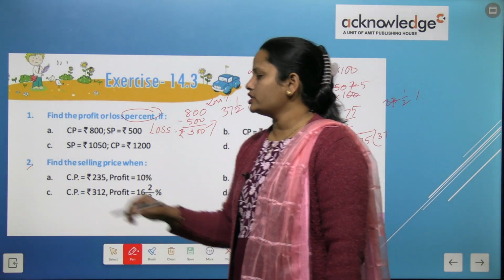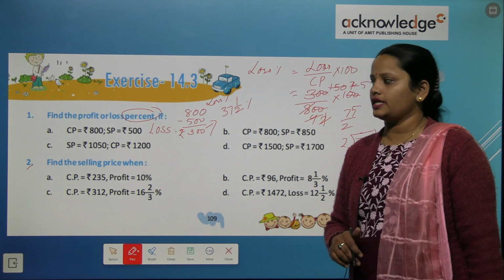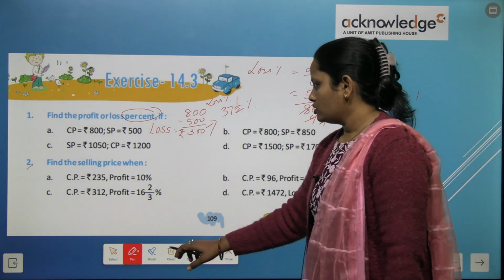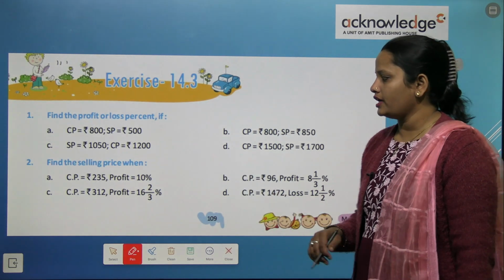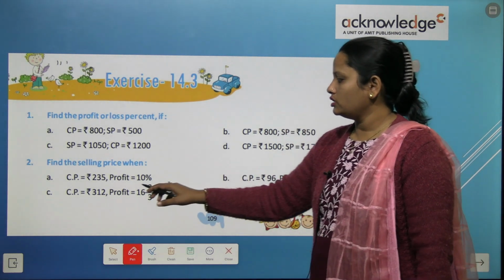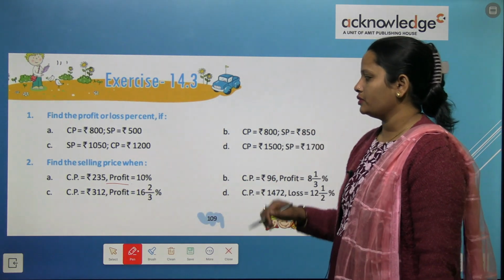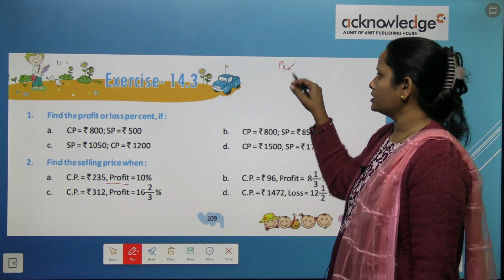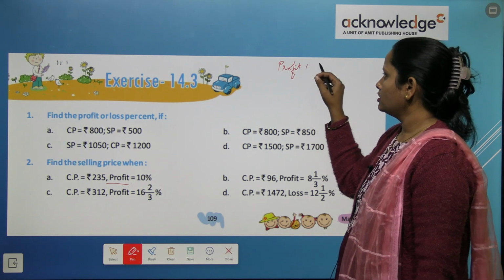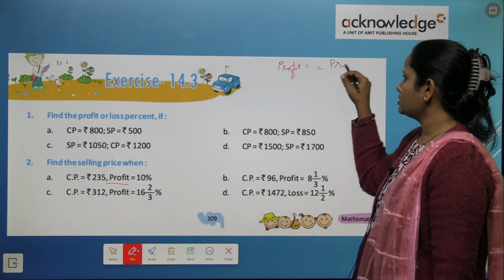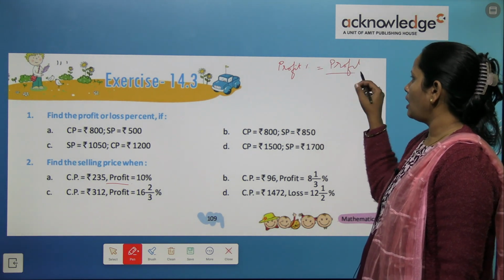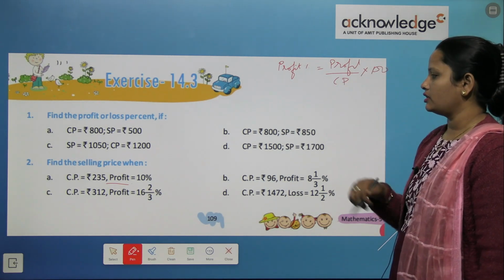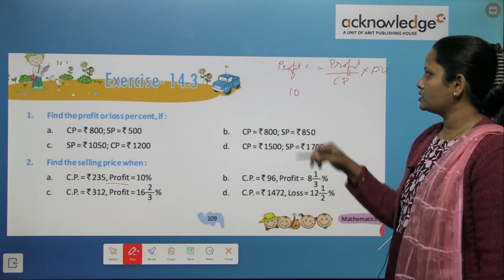Now question number 2 is find the selling price. Selling price निकालना हमें यहाँ पे percentage दिया गया है. So let's find out the selling price. So here we get a profit of 10%. So the formula is profit percent is profit upon CP multiply 100. Profit is given 10%.